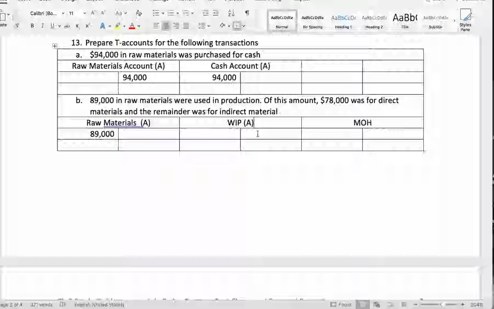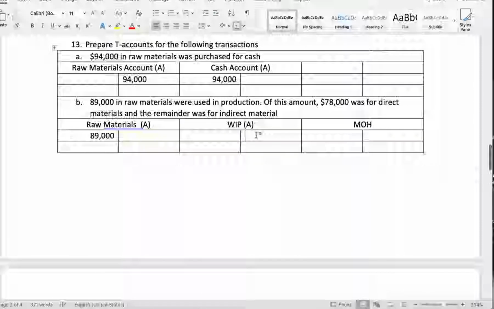So what do I need to do? Assets increase with the debit, decrease with the credit. Since it's an asset account, I have to increase WIP, so we need a debit entry. For how much? The problem tells us 78,000 of the 89,000 was direct material. So we need a debit entry for $78,000.